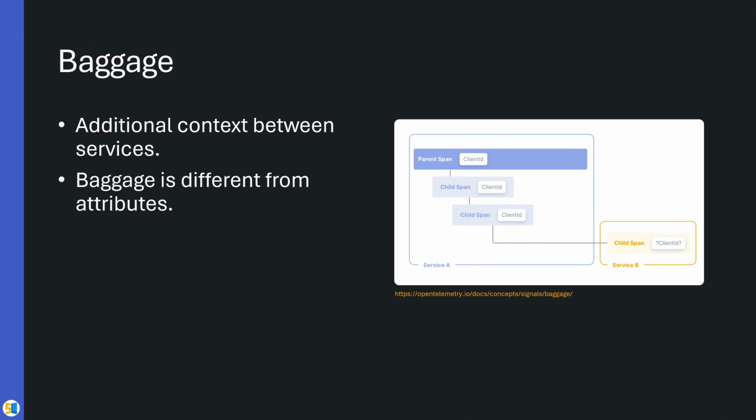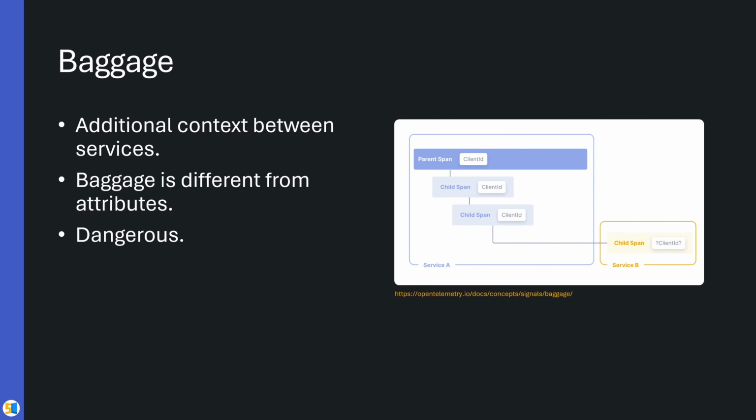So it's different from attributes, right? Attributes are set per span. For baggage, you need to extract it manually, and then you can put it in the attributes if you want. And it's dangerous.